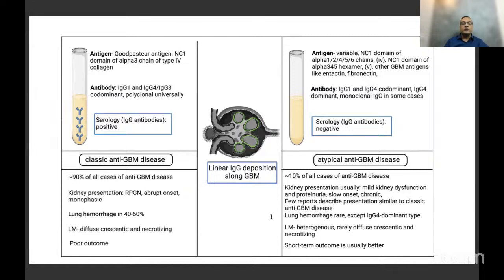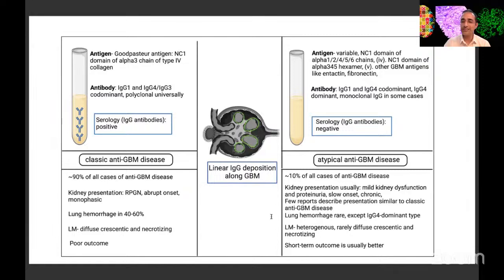So I agree with Anisha that when there are already 100% crescents and linear deposits and the diagnosis is clear, subclassifying it is not going to change the management, I don't think so. So yes, for academic interest, we can always further subclassify by doing the subtyping of these antibodies.